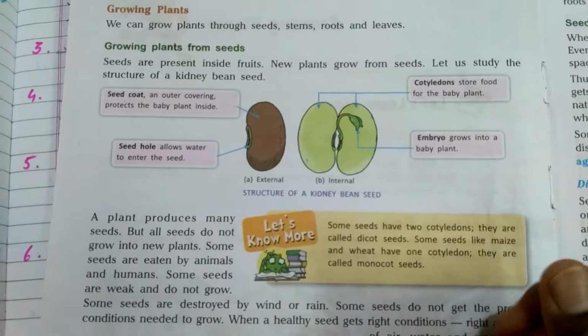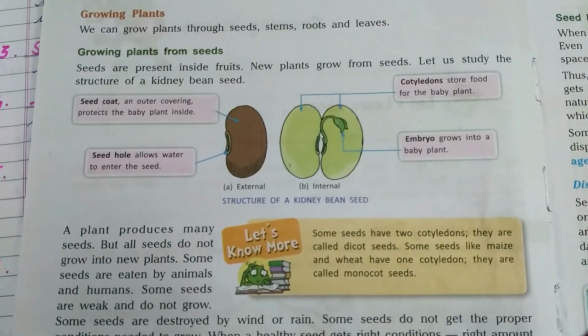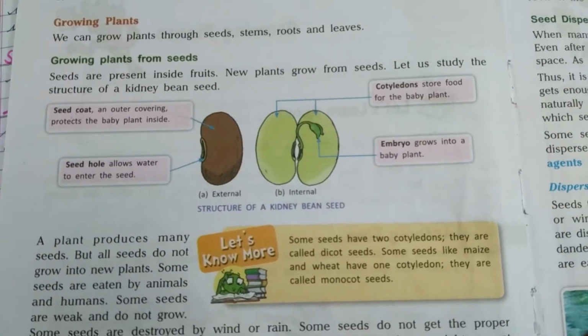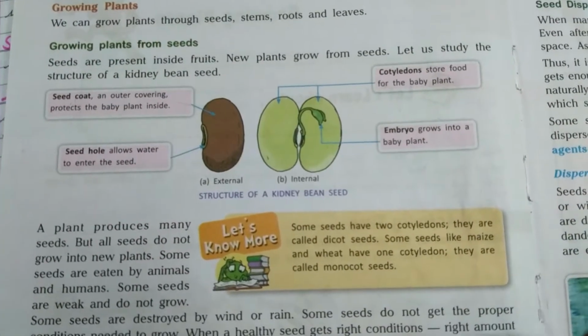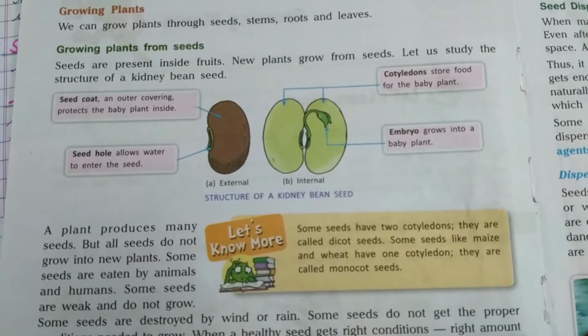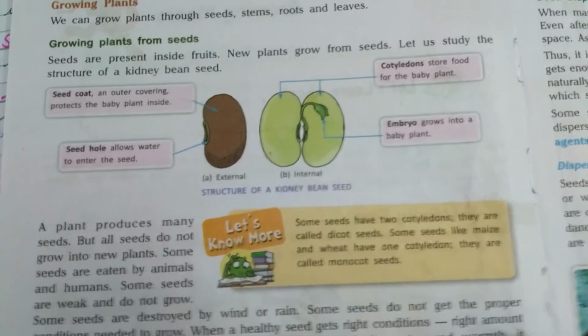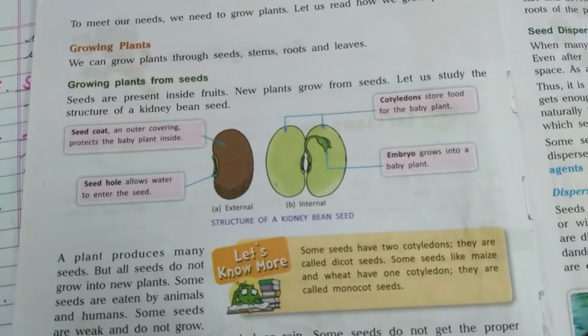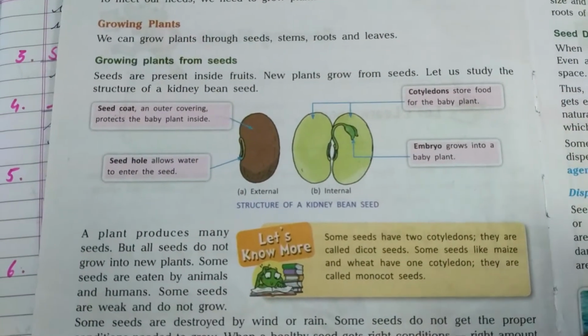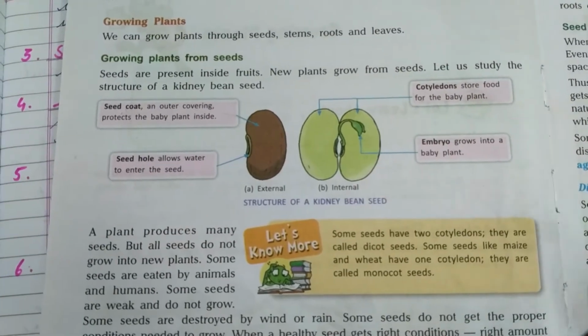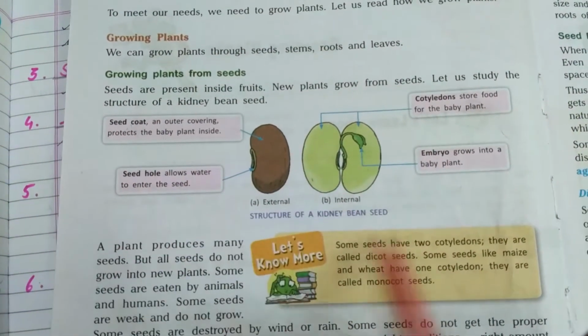Then slowly, when we sow the seeds inside the soil, after a few days, 10 or 15 days, on getting suitable conditions, proper warmth, nutrients and water from the soil, and air, this baby plant starts growing into a sapling, a tiny small plant. So this is one structure you have to draw.